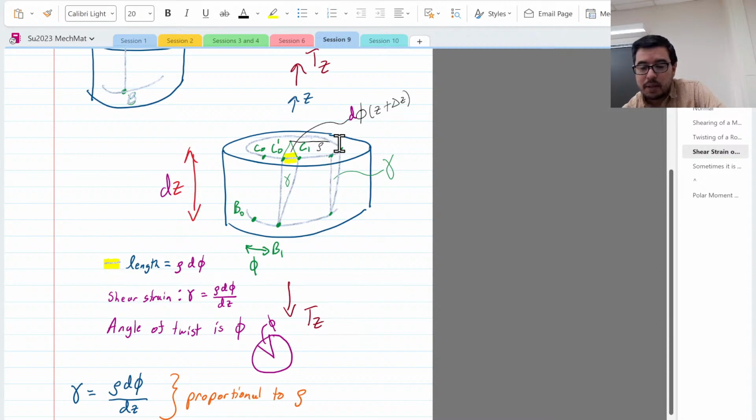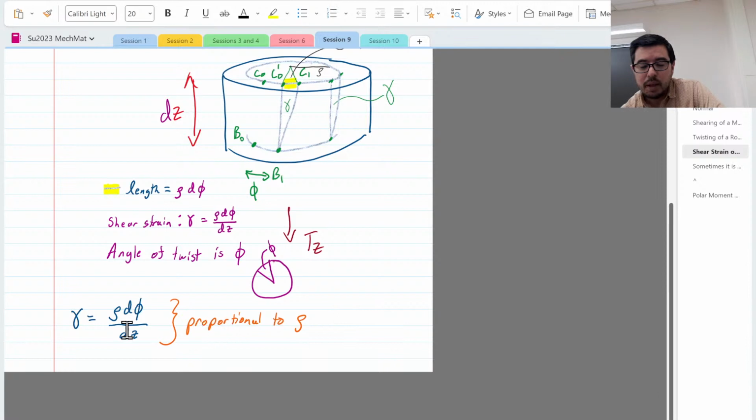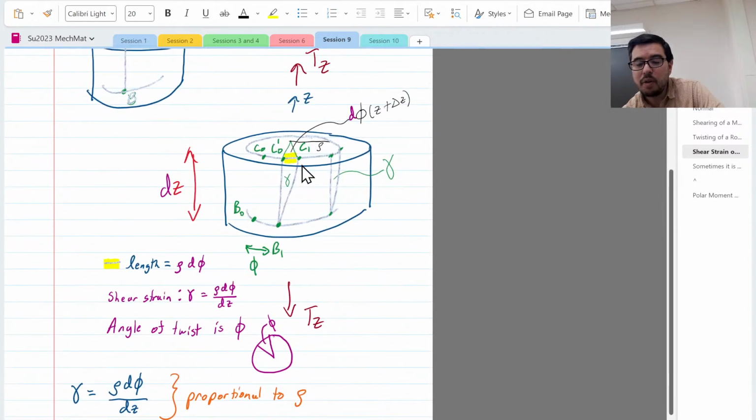Okay. And if we think of what's locally happening, this d phi is what we would think of as an angle of twist. And gamma shows that rho is multiplying d phi over dz. And so gamma is proportional to rho, the radius, how far you are from the middle.